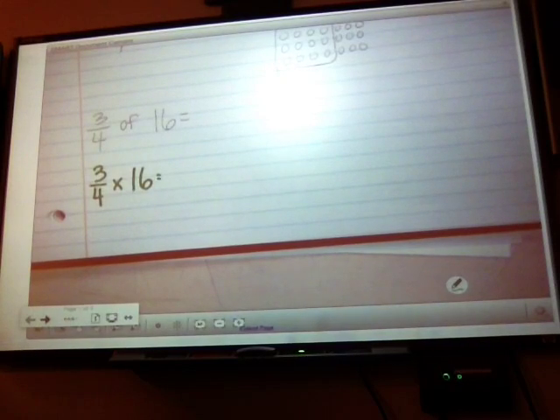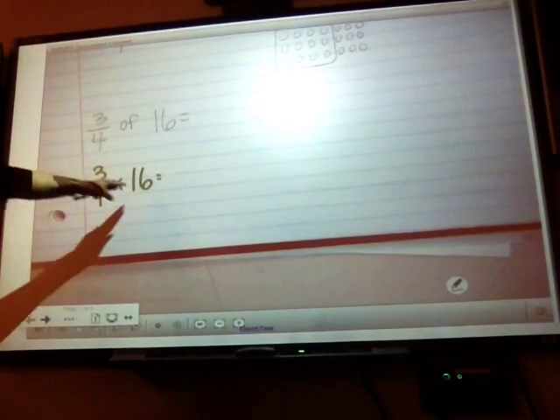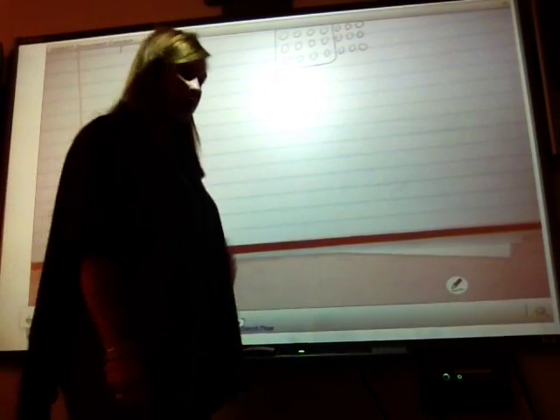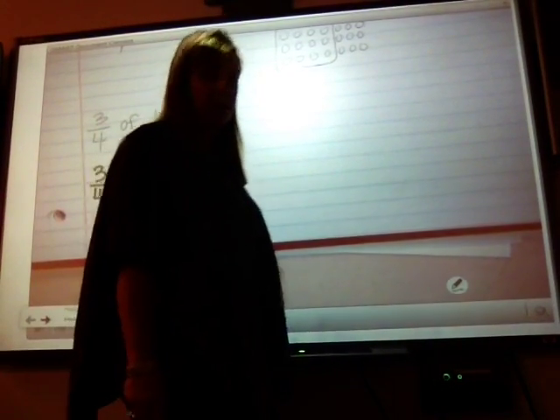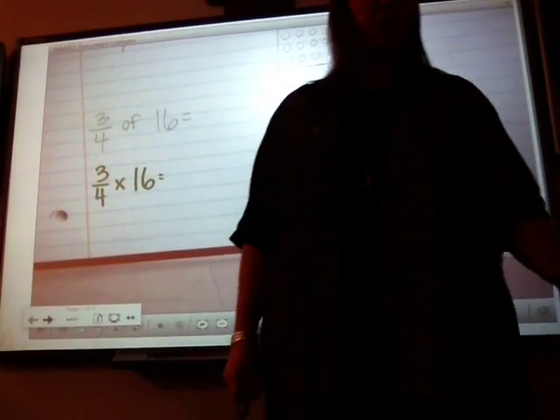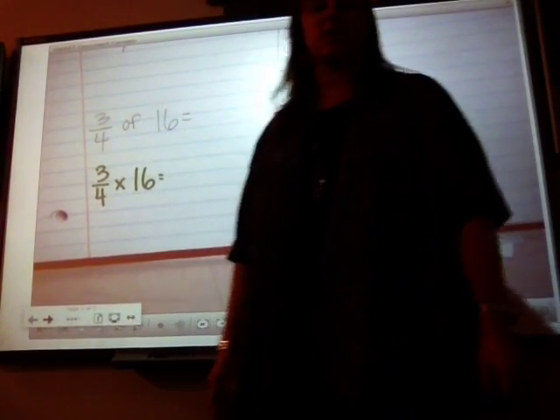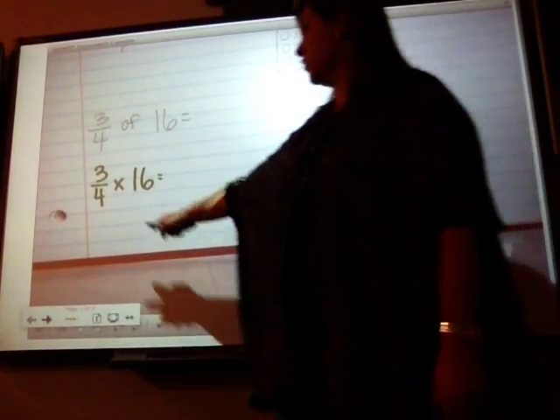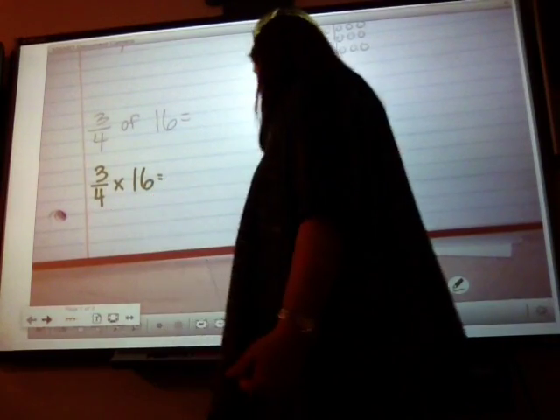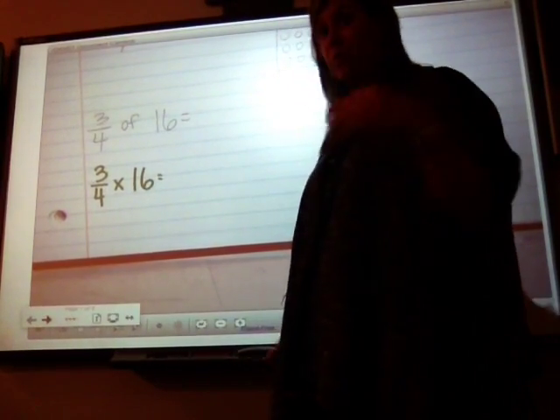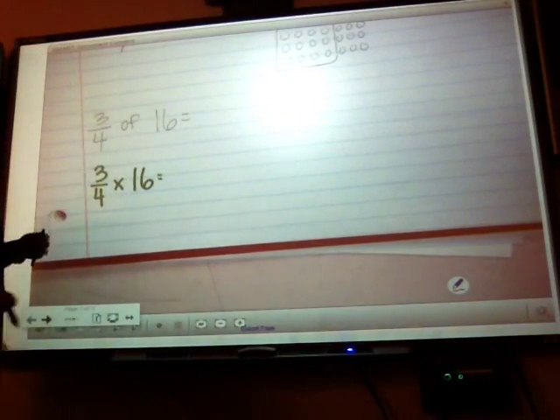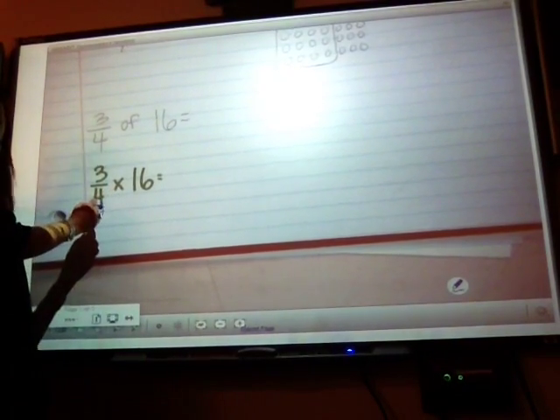So how many total should I have, guys? 16 total, because I'm doing 16, and I'm finding 3/4 of my 16. How should I organize my 16? In groups of what? 4. So this is what I really want you to do. Okay, so Delaney, you're watching work. Ethan, over here. 16, I want to do them in 4 groups.